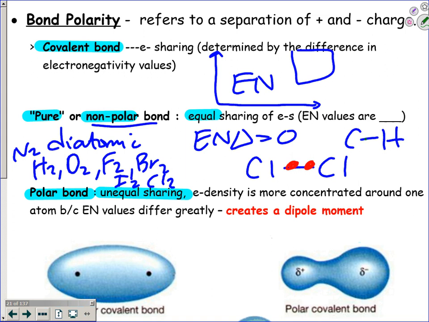So they can still have relatively equal sharing here, where there's a small electronegativity difference, but so small it's insignificant, so it doesn't create a partial positive and partial negative region. So you're still going to have generally equal sharing of electrons because the electronegativity values are similar.